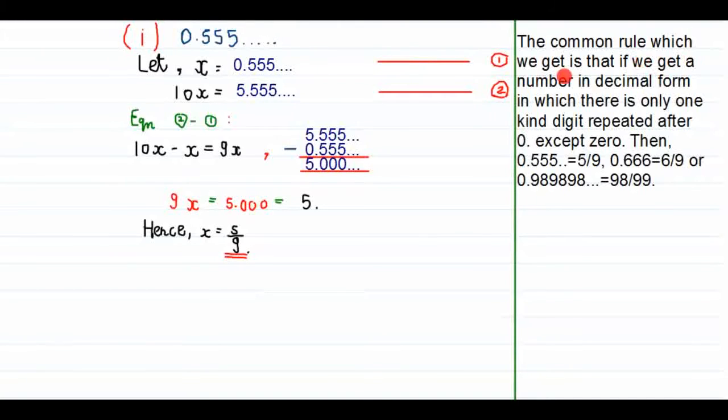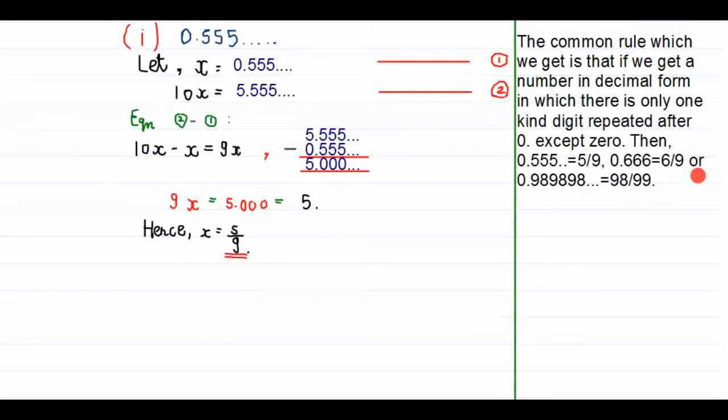The common rule is: if we get a number in decimal form in which there is only one kind of digit repeated after the point, except 0, like 0.000, which has no value, then 0.555... is equal to 5 divided by 9, as you can see here, and 0.666... is equal to 6 divided by 9. And 6 divided by 9 can also be written as 2 by 3, which is the simplified form.